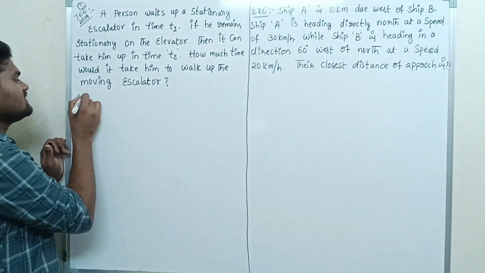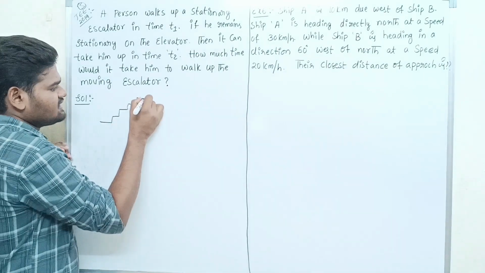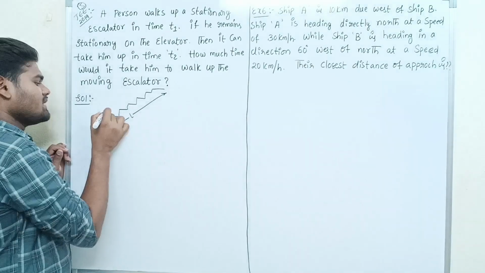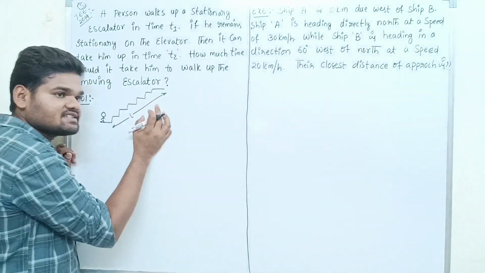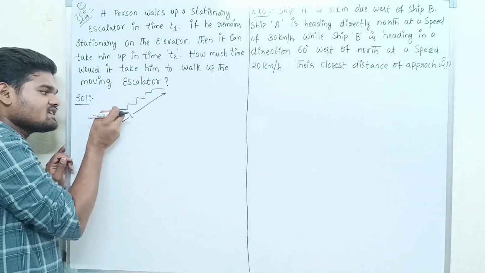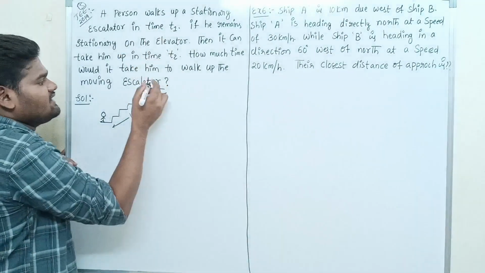So solution, have a look. There is an escalator. Let us consider the length of the escalator as L, and the person walks up on a stationary escalator. So initially the velocity of this escalator is 0.